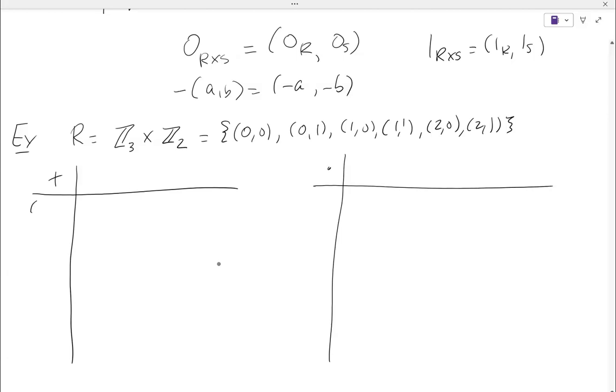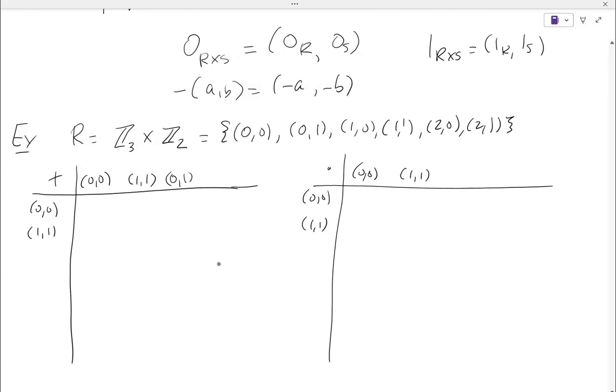I'm going to put 0, 0 as my first one here, and I'll put 1, 1 as my second one. And then I'll just fill in the rest of them. I'm not really too worried about the order of the other ones.